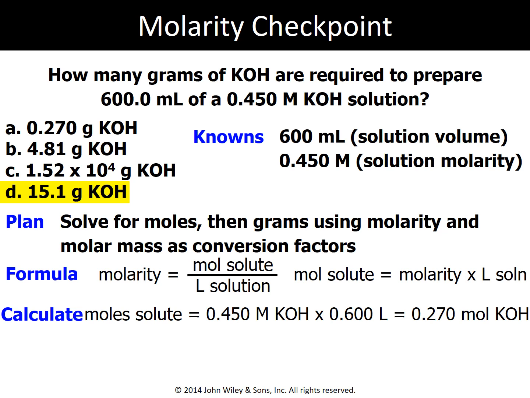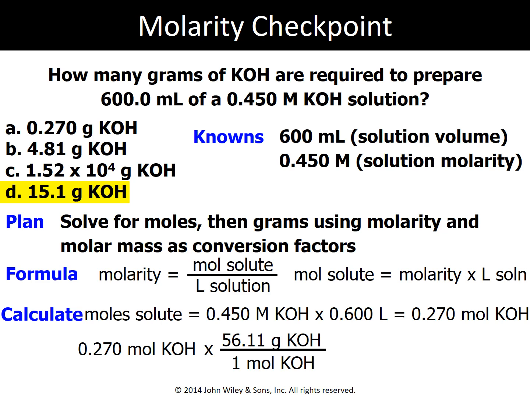So in this case, we're going to see our moles of solute equals 0.45 times 0.6, giving us 0.270 moles of potassium hydroxide. We're then going to multiply by its molar mass this time to give us our total amount of grams. And again, for all these questions, you can plug your answers back into formulas and double check to make sure everything works out.